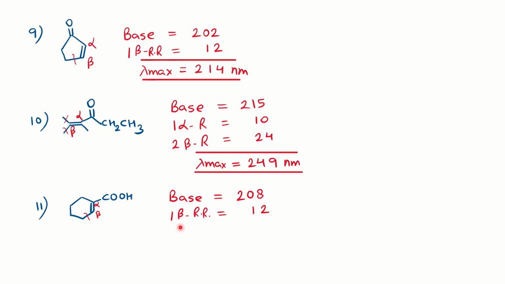So you have to add one alpha ring residue, that is plus 10. So the final answer will be 230 nanometer. You have to add one more alpha ring residue here as we go along with the conjugation. So just rectify this. The answer for this problem should be 230 nanometer.